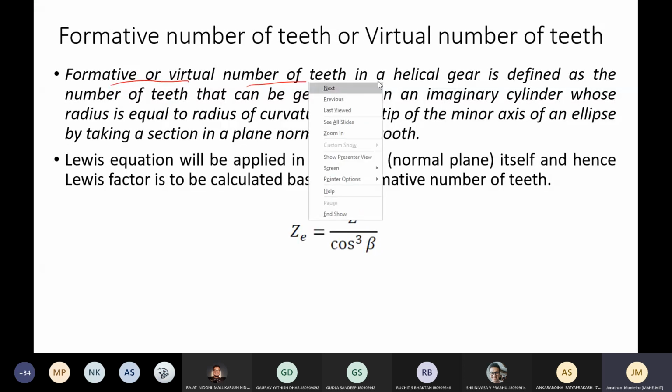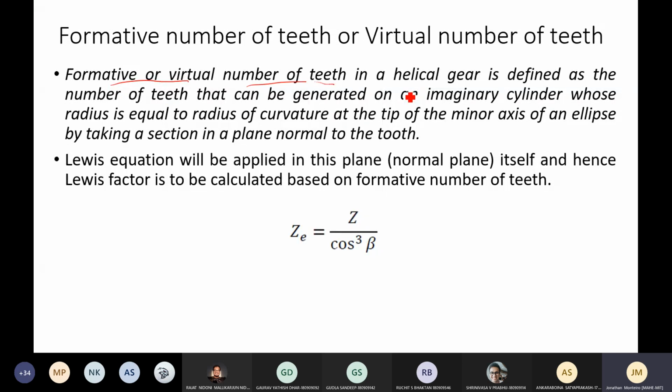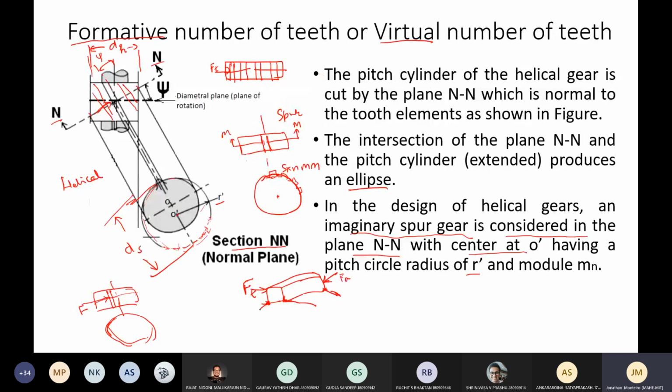So what happens here? Let me just go back. Say there are 30 teeth here initially. Z is equal to 30. Now what has happened? Because of your imaginary circle, the circle has enlarged, right? So obviously this imaginary ZE will be greater than 30 because the radius has increased.